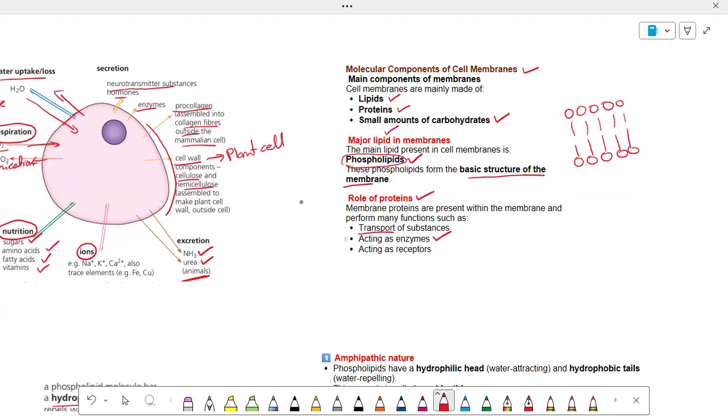They also act as enzymes or as receptors. Like I already told you, the cell surface contains receptors that help in communication. So this is the main function of the proteins: transportation, acting as an enzyme, or cell communication.